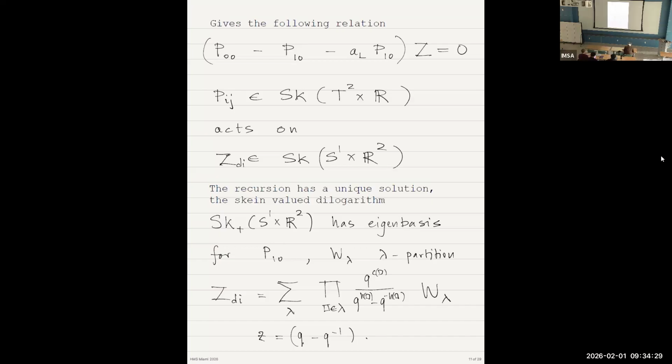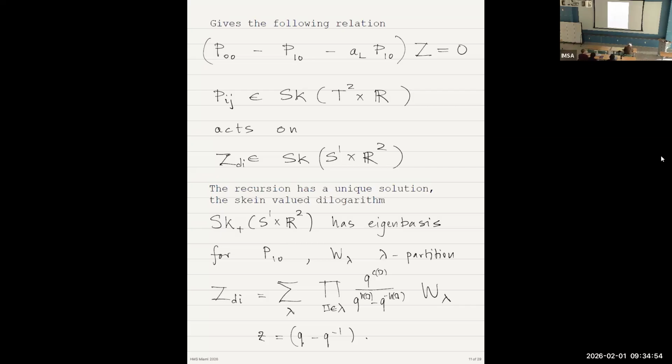And as it turns out, these Skeins have been studied in knot theory by Morton and Samuelson and many others. And in particular, there is a very nice basis for what's called the positive Skein of the solid torus. So those are all the curves that are in, let's say, positive homology class. And it's an eigenbasis of this operator P10, the meridian.